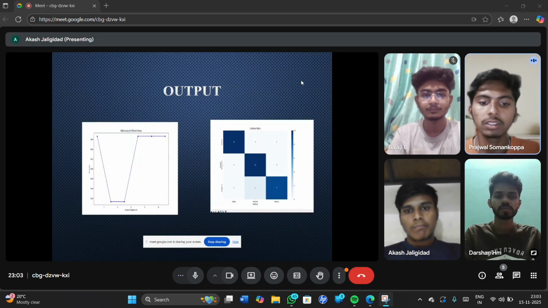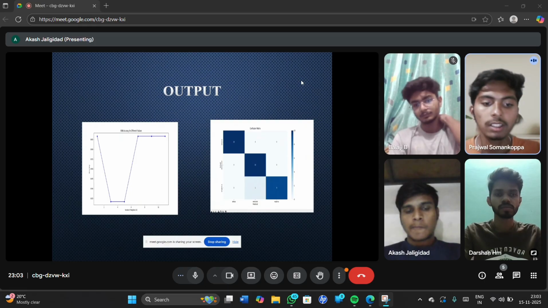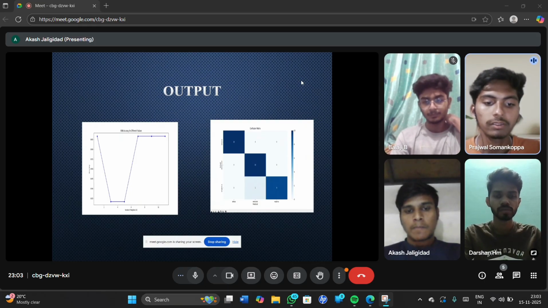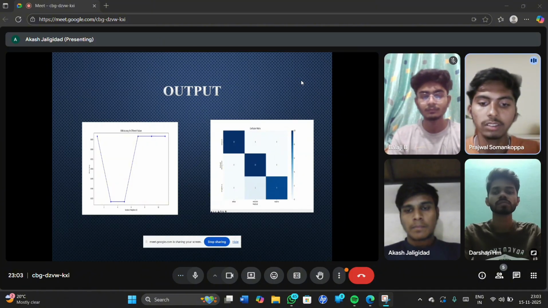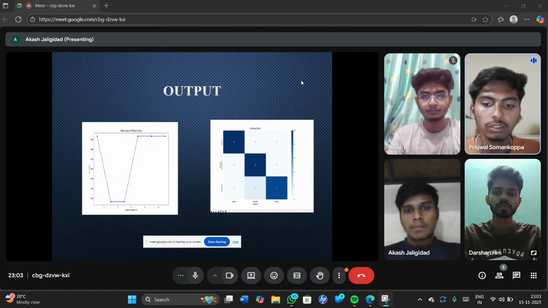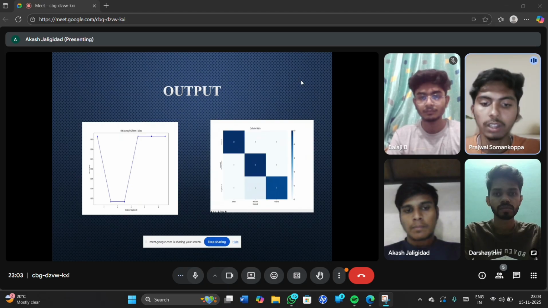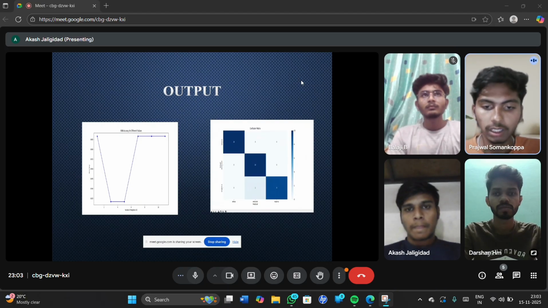And here is the output of the KNN: the accuracy versus K graph. The graph shows how the accuracy of the KNN model changes when you try different values of K, where K is the number of neighbors used in prediction. The graph helps to choose the best K value with the highest accuracy.